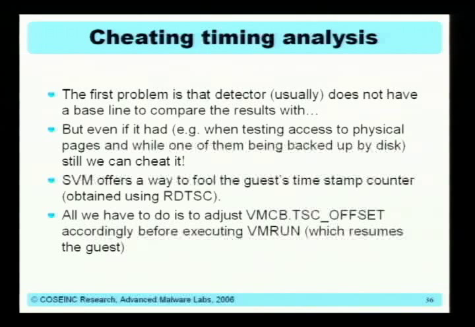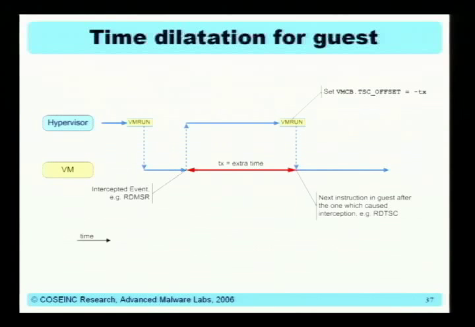But even if it was constant, even if we had this baseline, even if we could look into the optimization guide, which has a table of the latencies of the instructions, and even if it worked, there's an easy way for us to cheat about cycles.